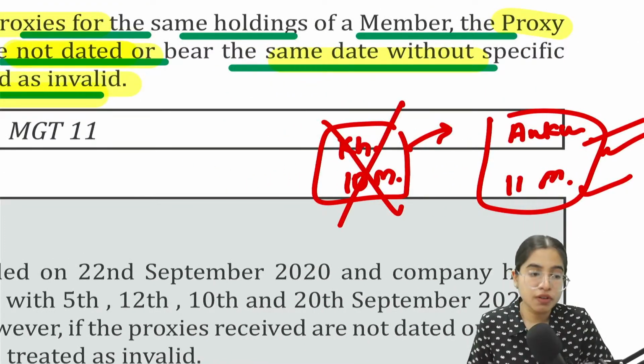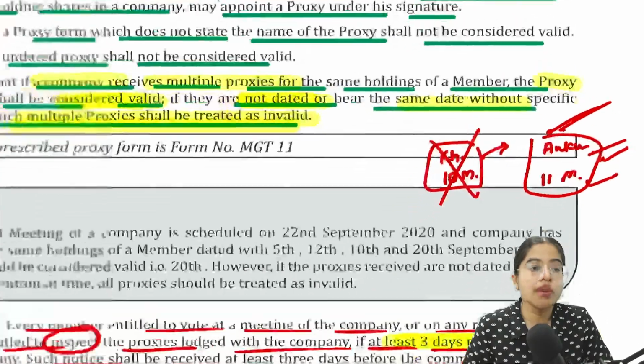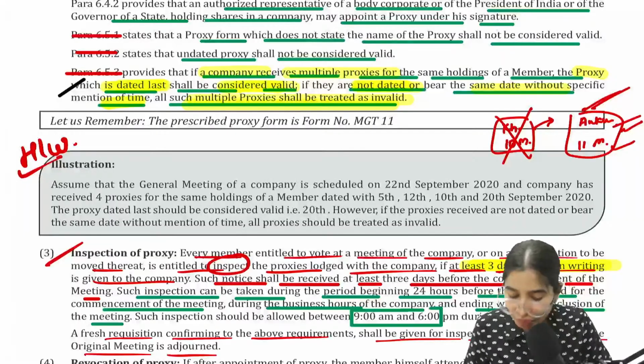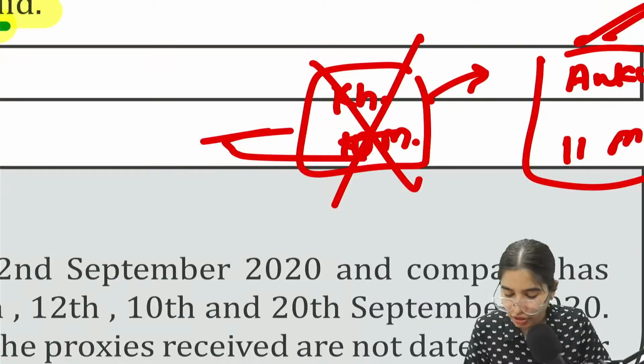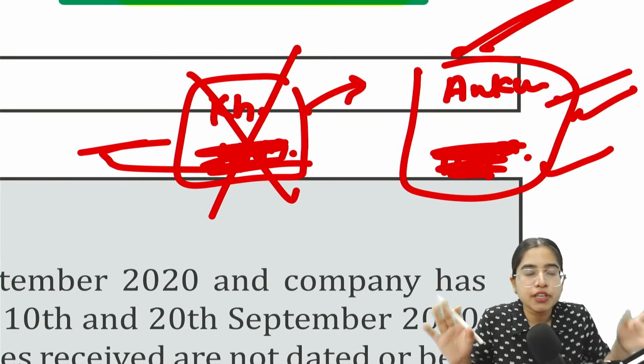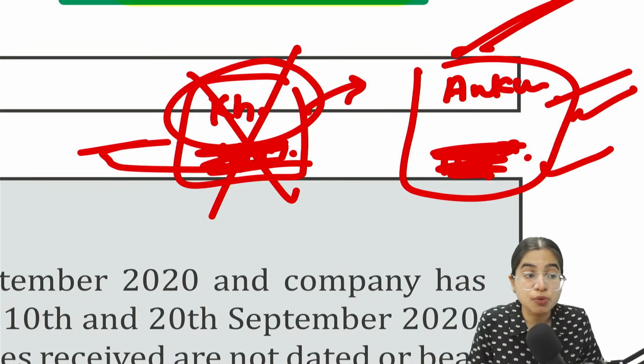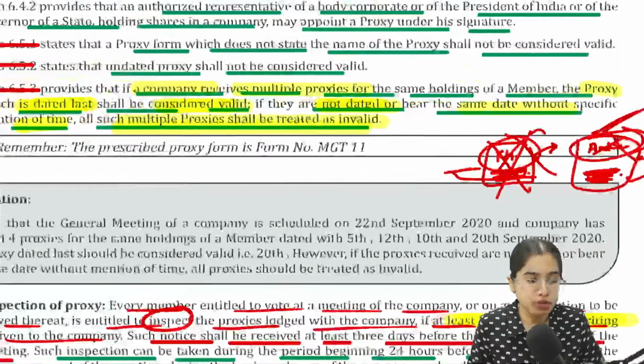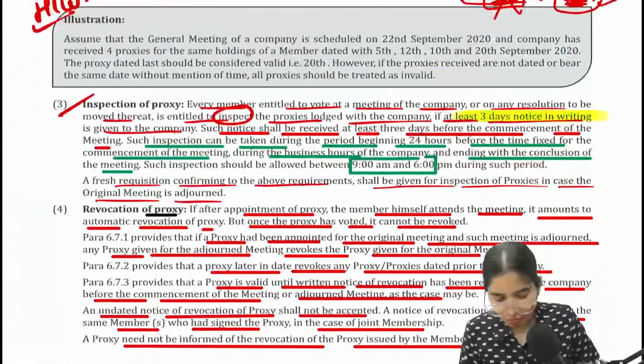So in this case, the previous one will be invalid, the latest will be valid. However, if the date or the time is not mentioned, then the company is not able to figure out which one was deposited earlier and which one later. In that case, both proxy forms will be invalid.